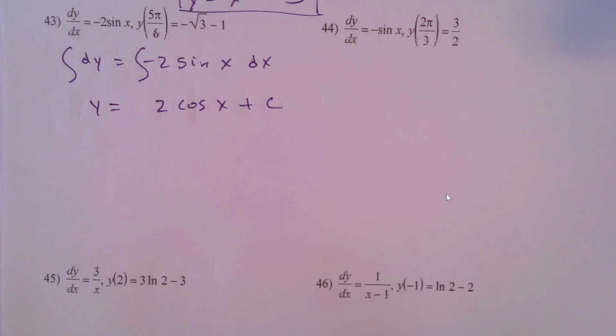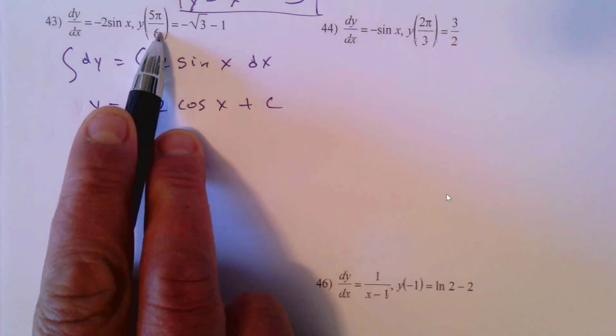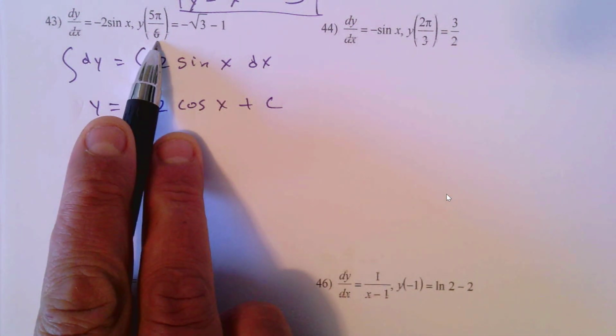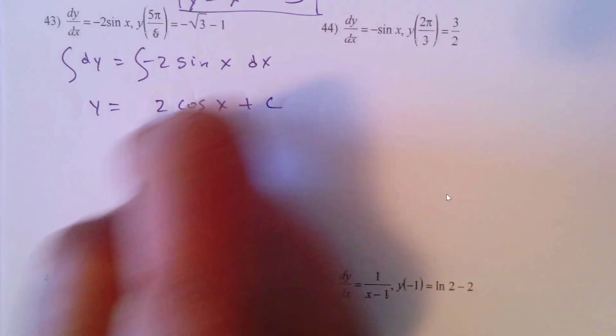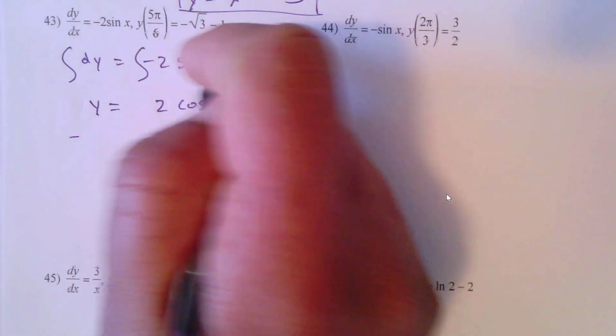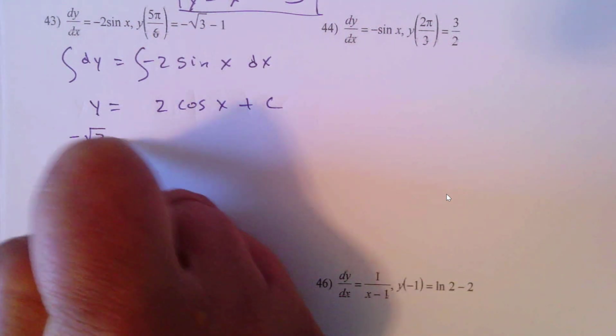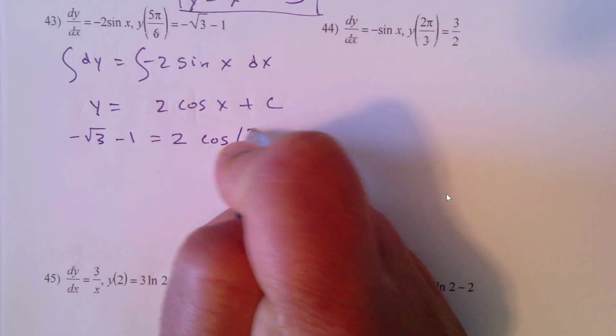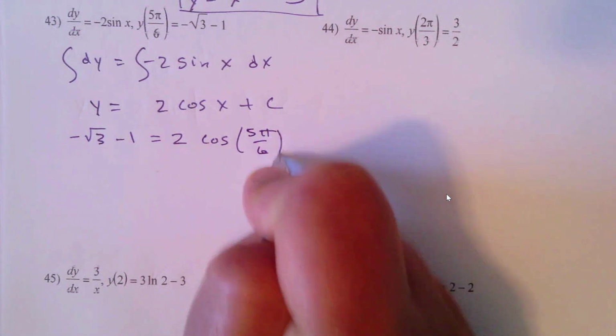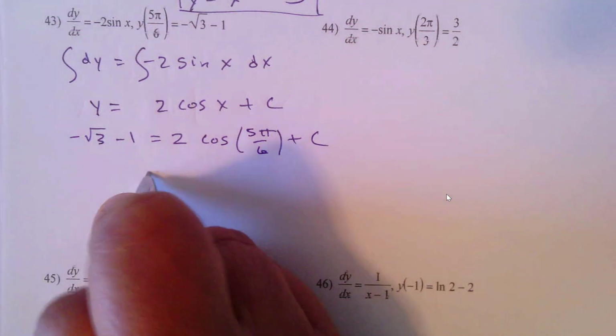And we want to figure out now what the c is. So we're going to put in 5 pi over 6 into this guy. And for y here, we're getting negative square root of 3 minus 1. 2 cosine of 5 pi over 6 plus c.